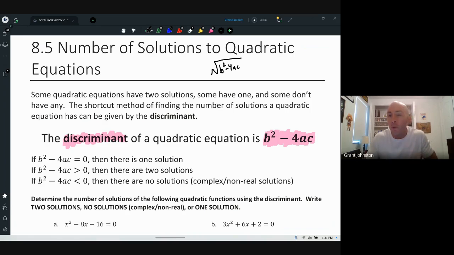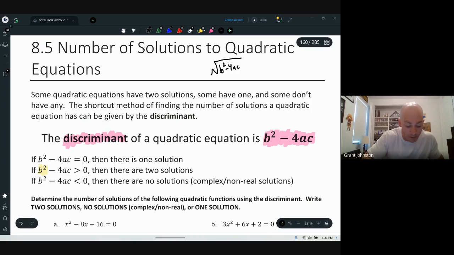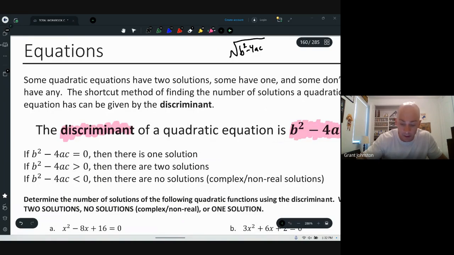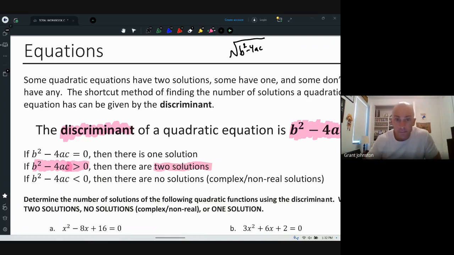And hopefully, as you know, when we've been solving these problems, if we ever take the square root of a positive number, we've been getting two solutions. We get that plus or minus, right? So when this b squared minus 4ac is positive, in other words, greater than 0, we're getting two solutions.